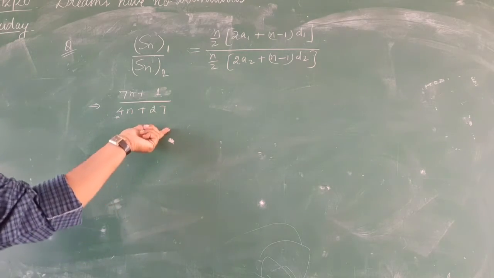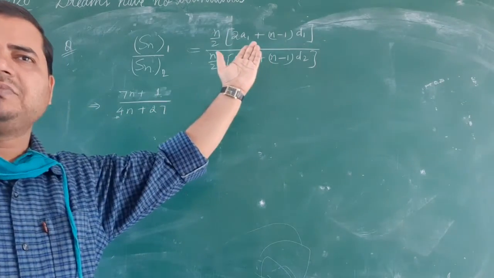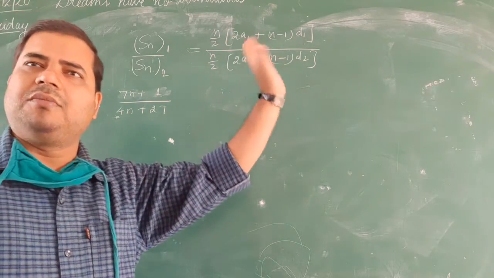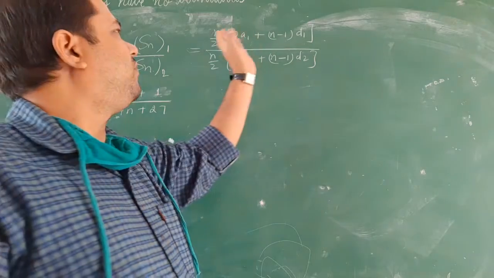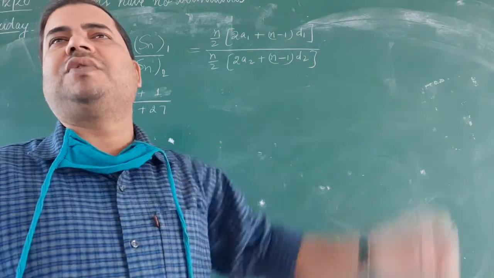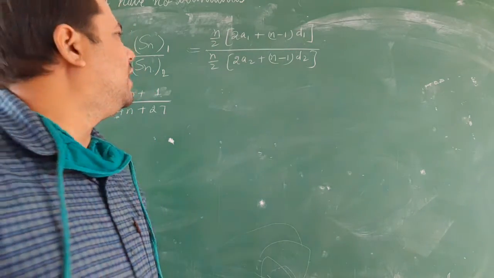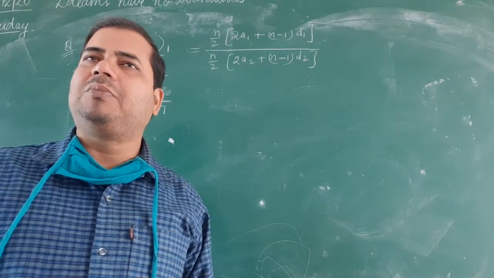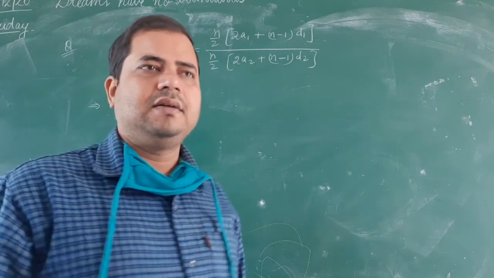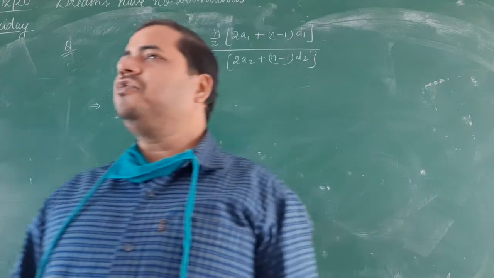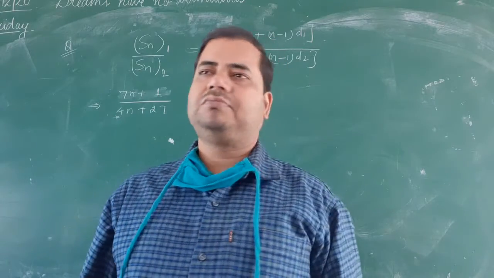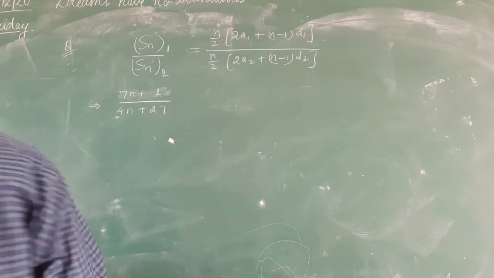So we have considered the sum. You know very well, for the first AP, the first term is a1 and the common difference is d1. So the sum of the first AP is n by 2 [2a1 plus (n minus 1) d1] and n by 2 [2a2 plus (n minus 1) d2] is the sum of the second AP. Now what do you need to find? The ratio of their ninth term. So see how to find.